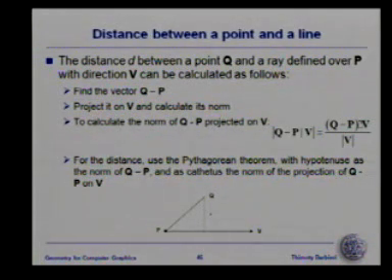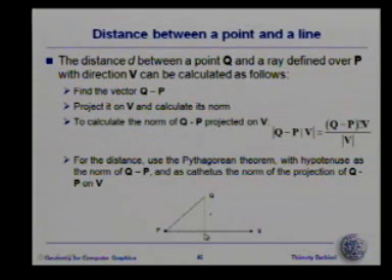You know how to do this because you remember that we reviewed parallel components and perpendicular components. So what you're doing actually here, you're making a parallel component of Q minus P over V, and you take its norm. Then this means that you take this part here. At this point, you have this vector of which you can find the norm.